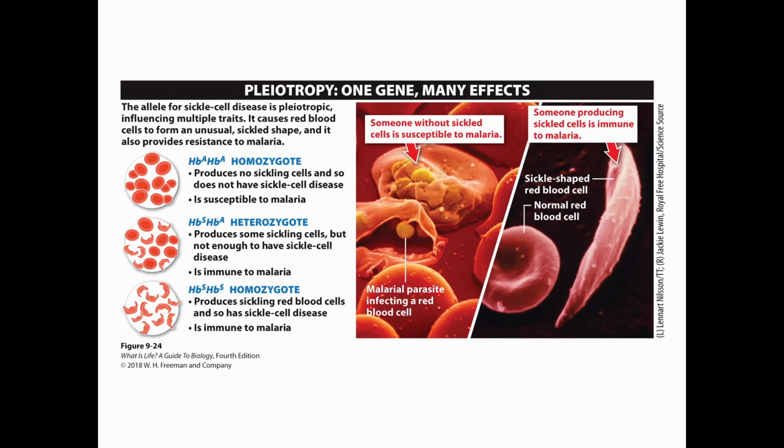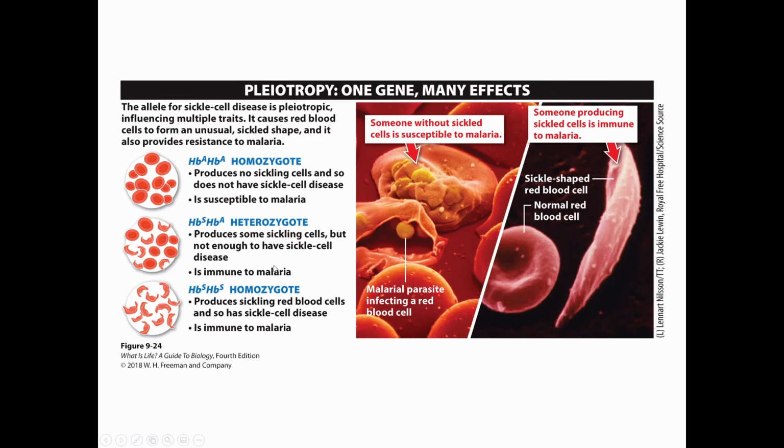However, if you live in an area where malaria is endemic or naturally found, then you can catch malaria and get really sick. If you are HbS, or homozygote for sickle cell, you are immune to malaria. However, you have significant sickling of red blood cells, and so you have what we call sickle cell disease. And the effects of that disease are widespread, including things like fatigue, brain damage, and even organ damage.